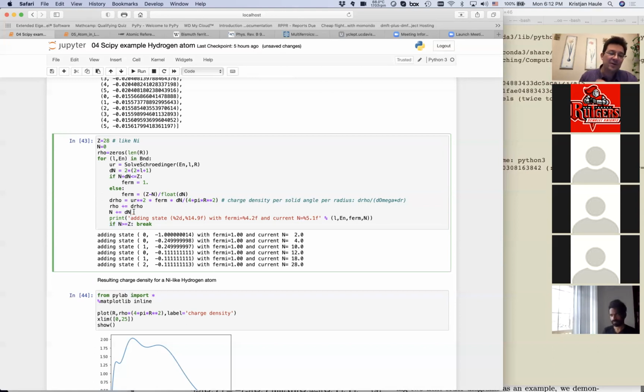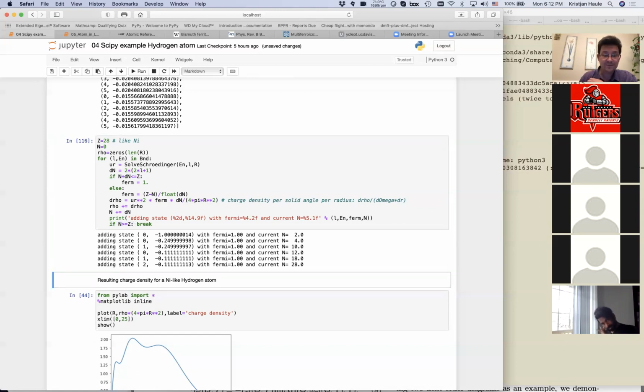If we multiply this with firm, that might not work sometimes, because this n plus dn might accidentally be just tiny bit less than z, and then we're not going to break, and we're going to accumulate too much stuff. So this is actually safer to add the entire d, and then we know that once we add a charge of the last orbital, we exceeded z. We definitely exceeded z, and then we break.